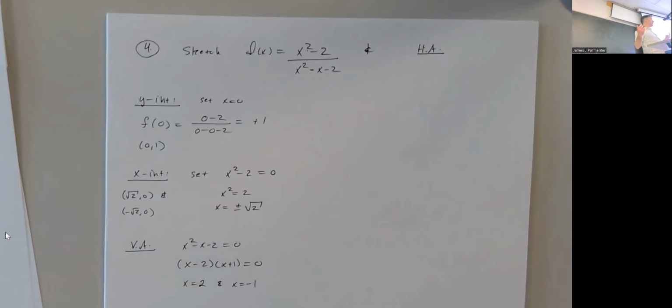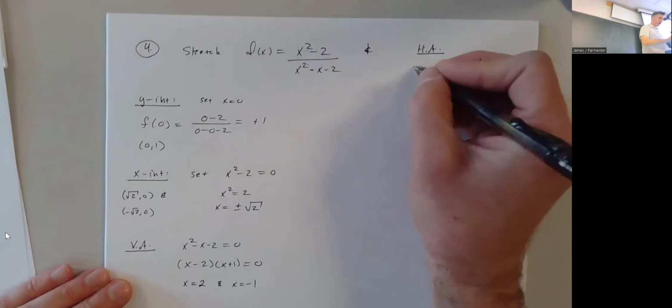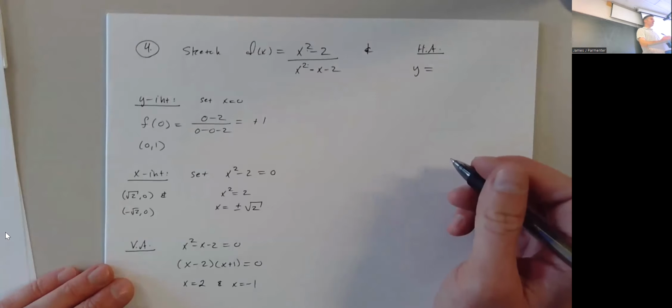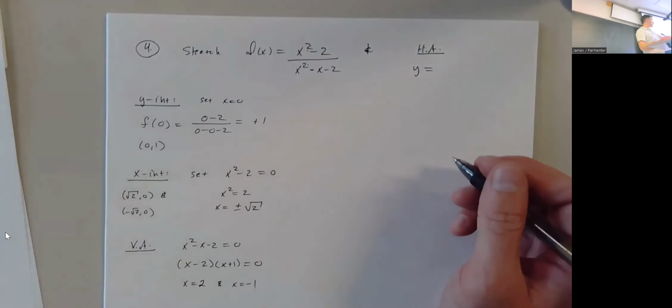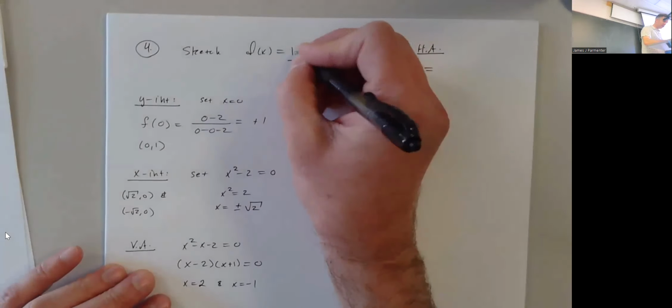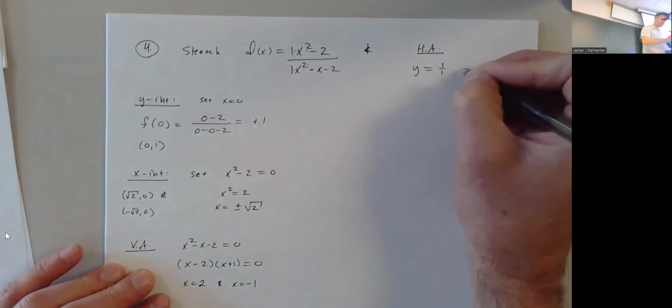The degree is just the highest power of x in the numerator and the denominator. So degree is 2, degree is 2. So that means the horizontal asymptote is going to be y equal to what? 1. How am I getting 1? 1 over 1, not 2 over 2, right? I'm not dividing the degrees by each other. I'm dividing the coefficients by each other. Just want to make that super extra clear.